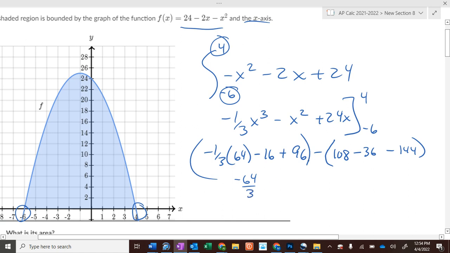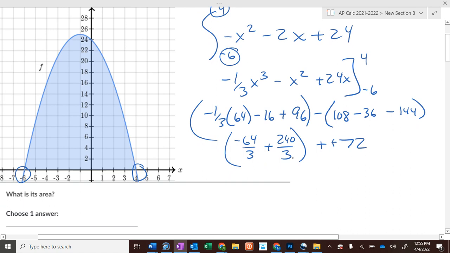This is plus 80, so it's plus 240 thirds, minus this is 160, 180 minus 108, so minus 72 minus a negative 72, so plus a positive 72, right?